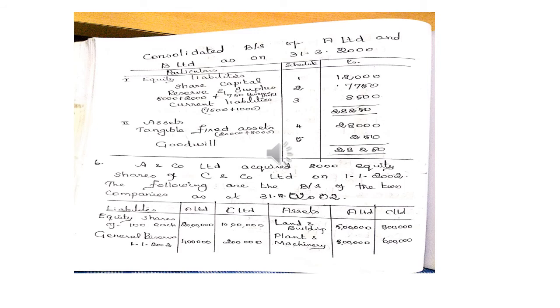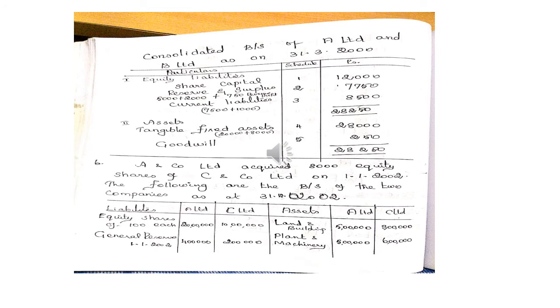Then we have to find the goodwill. The goodwill is an asset, so we put it on the asset side. Goodwill is a schedule under 5. Amount is 250. So total is 28,250.